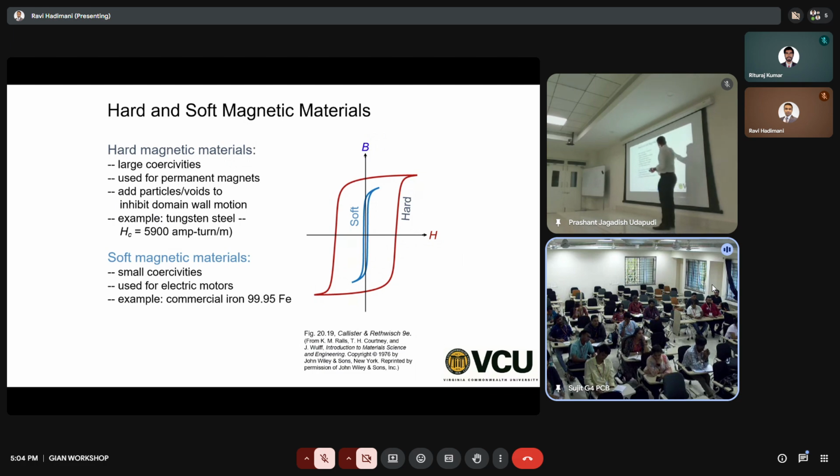The hard ones are called permanent magnets. The soft ones are called soft ferromagnetic materials, and they're used for applications such as motors, transformers, actuators, speakers, and inductors as well.